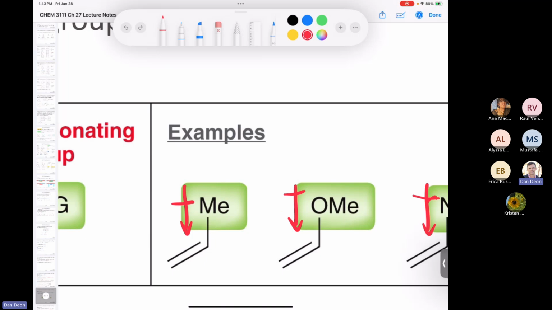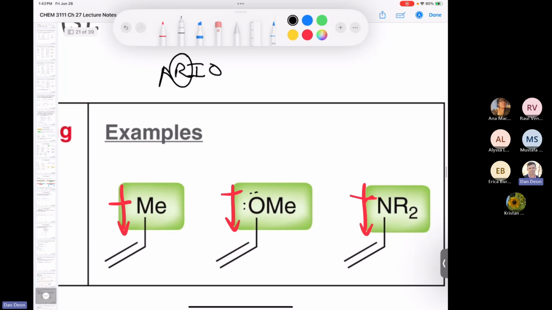And you might think of this oxygen and say, well, wait a second. I thought that oxygen was the second most electronegative element in the whole periodic table. Shouldn't that be electron withdrawing? It is electron withdrawing by induction, but by resonance, it's actually electron donating. Okay, so resonance, if you remember, resonance beats out induction, right? It comes first. And the same thing would apply to this amine here.